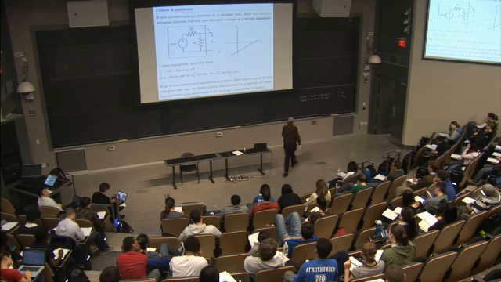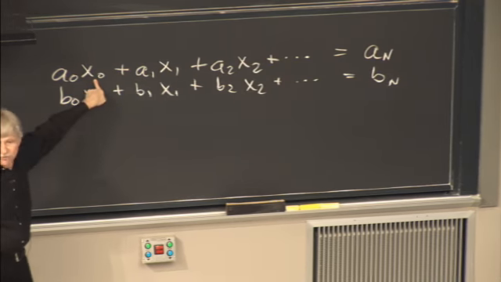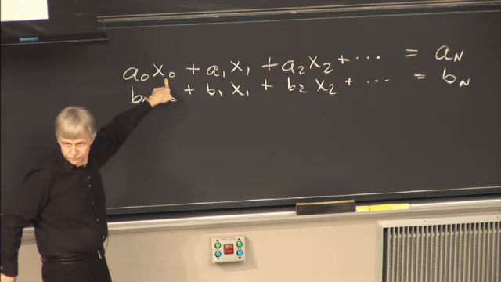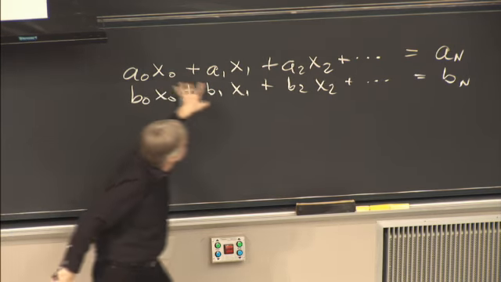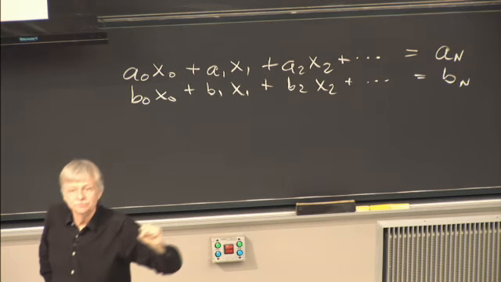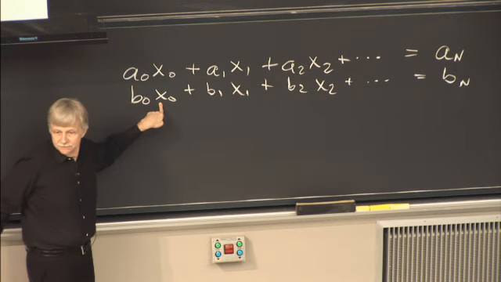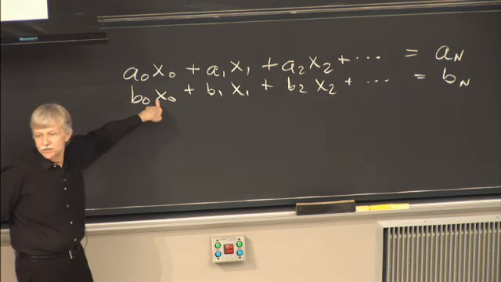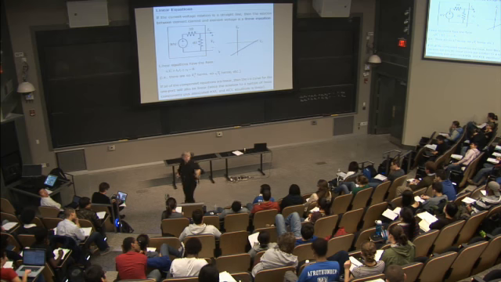So think about solving this by the method of substitution. I could figure out what x naught is. If I use this equation, x naught would be a linear function of all the other x's. So if I plug that linear function into here, I replace this linear equation with a new linear equation with one fewer unknown. If I keep doing that, I just keep replacing linear equations with other linear equations.